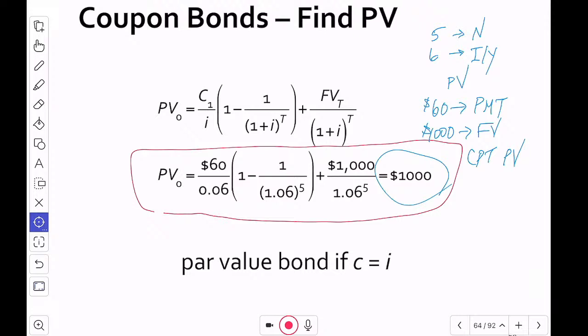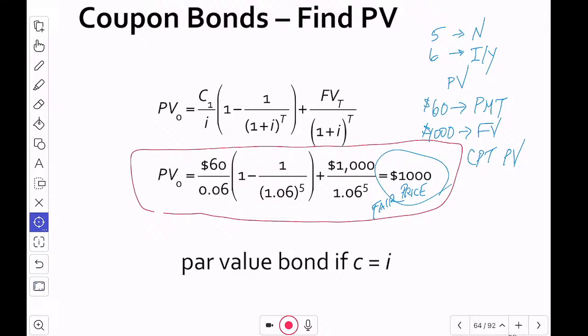All right, so you're going to pay $1,000. This is the price, or the fair price. You're going to pay $1,000 to get $1,000, but in the interim, you're making $60 a year. So $60 a year is like an interest rate of 6%, right? $60 every year is a 6% interest rate.